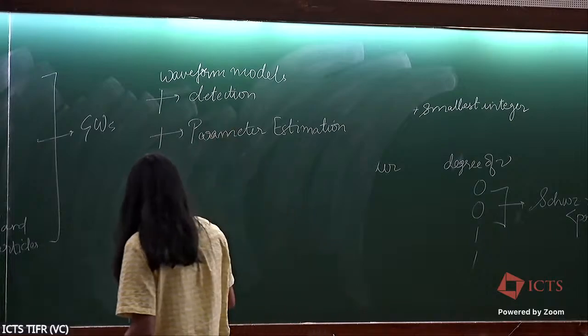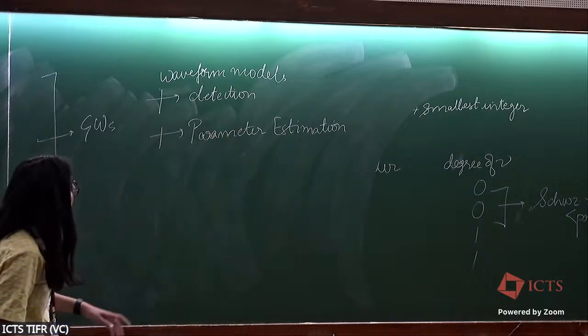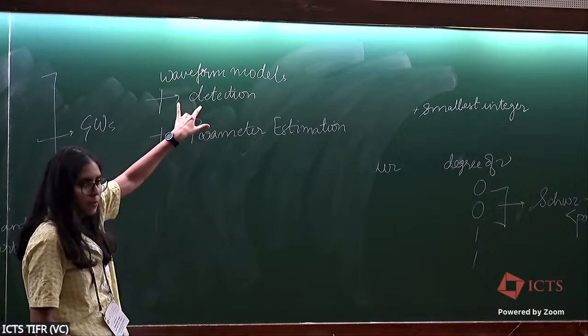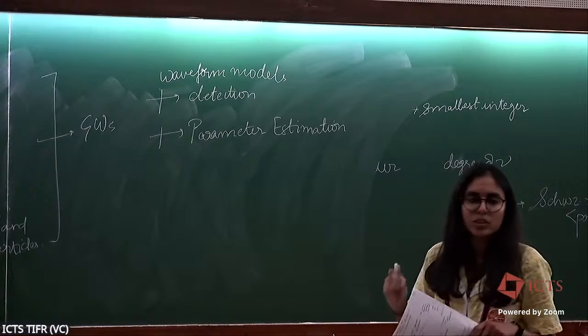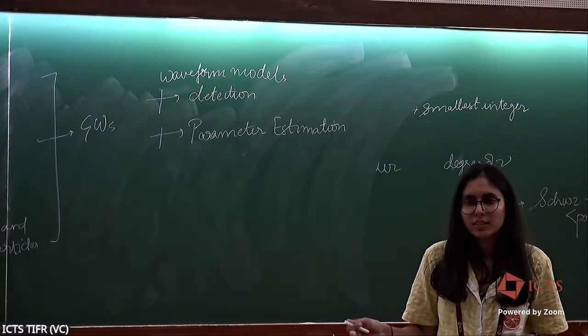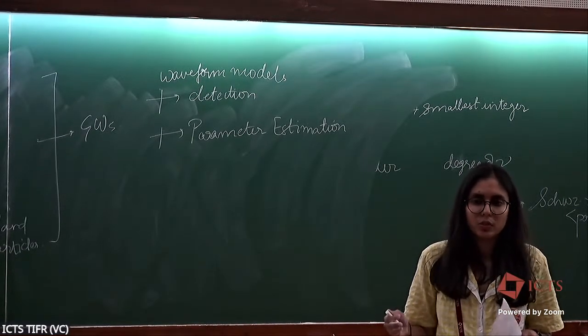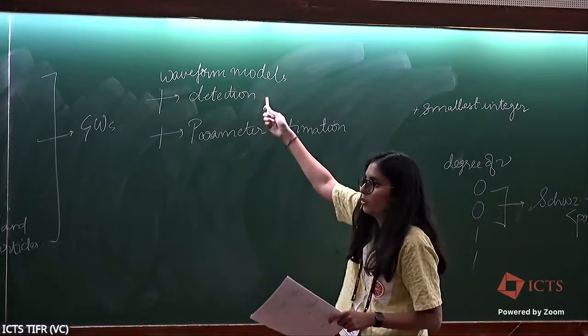And we also need these waveform models for detection purposes because we want to remove the theory biases in our detection. And theory bias means that if we have only a waveform model based on a particular theory, then we are only bound to detect the waves originating from that theory only.